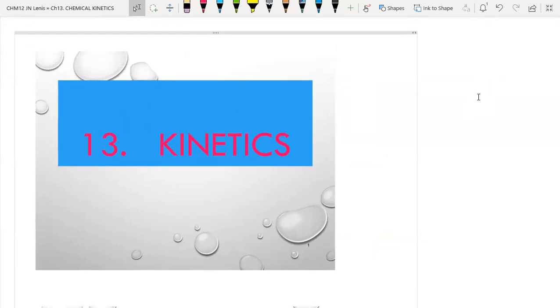And that is what we're going to do in chemistry. We're going to study the speeds of reactions. Kinetics is the part of chemistry that studies the speed of reactions, how fast reactions work.